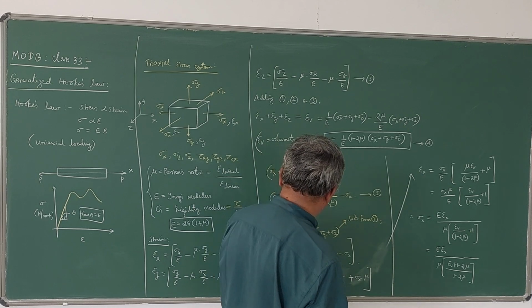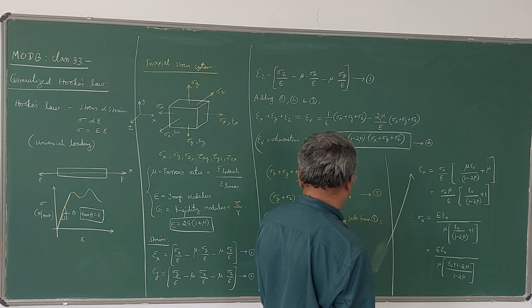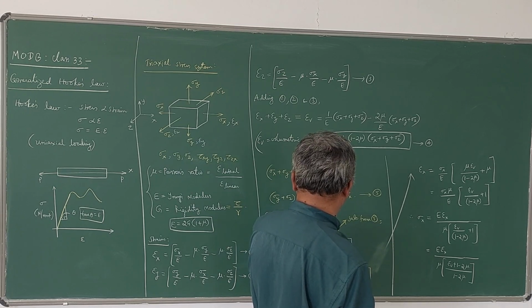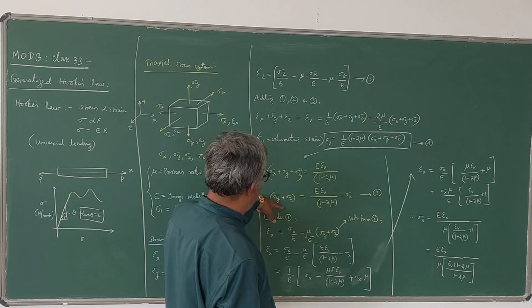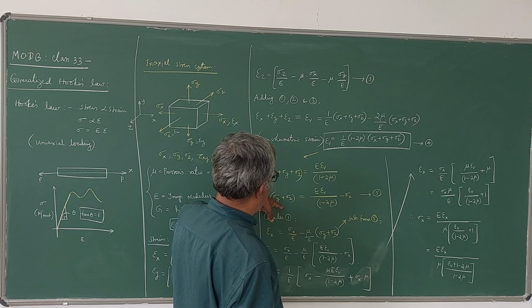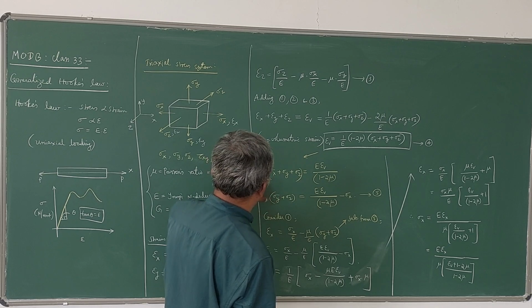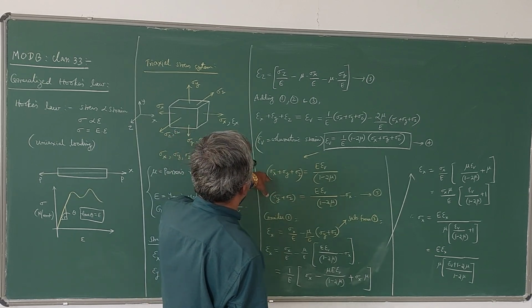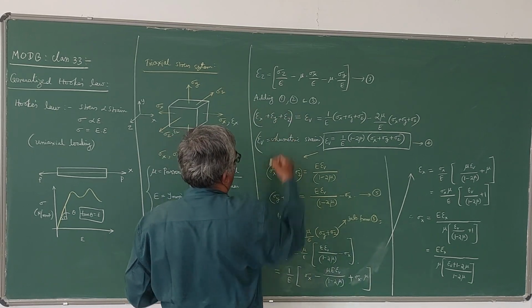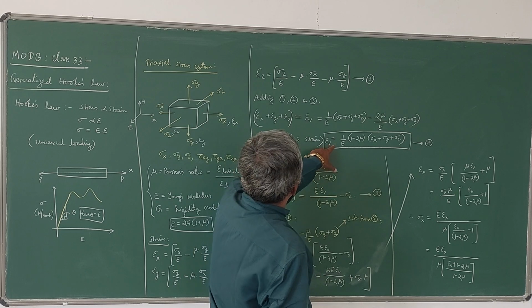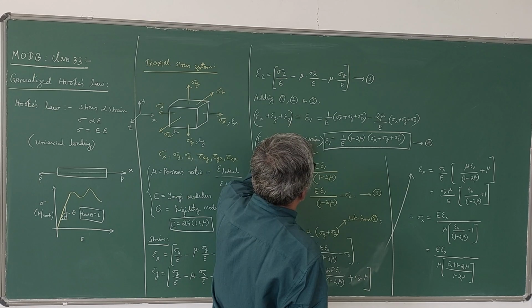Then after that, epsilon x is equal to sigma x. Here, sigma x plus sigma y plus sigma z is equal to E into epsilon v divided by 1 minus 2 mu.